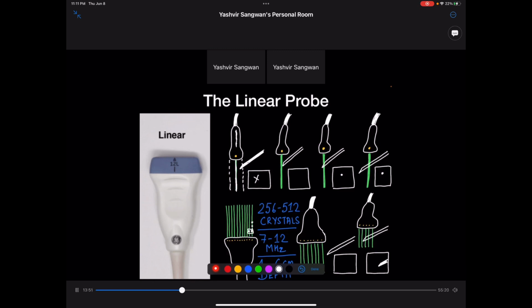Even here, the needle is almost midline, but it is still not touching the beam. Now, what you can do here, you can always tilt your ultrasound so that the beam now touches this image. But until you do that, you are going to see nothing.